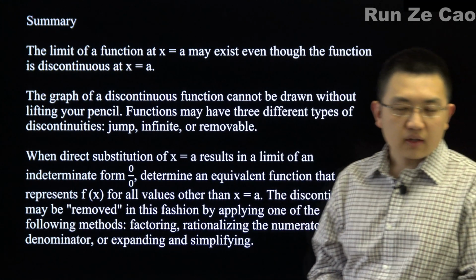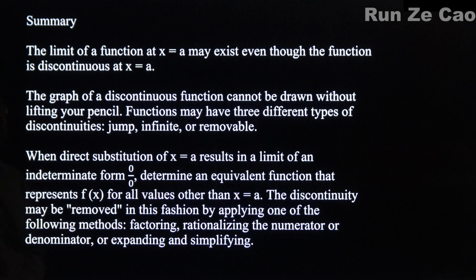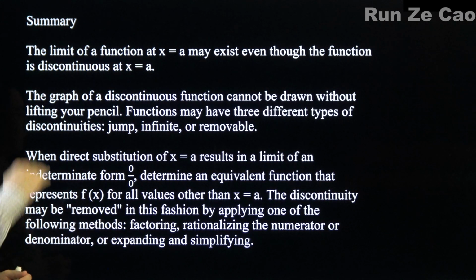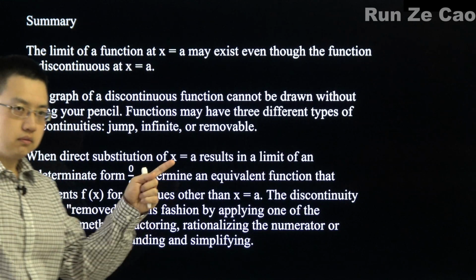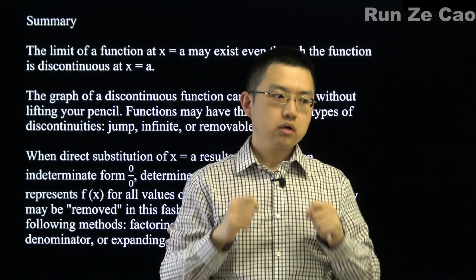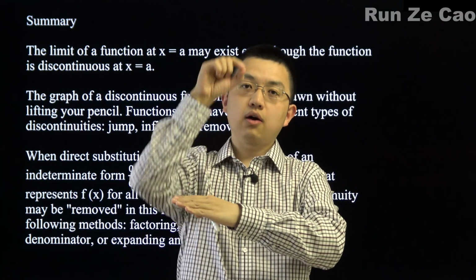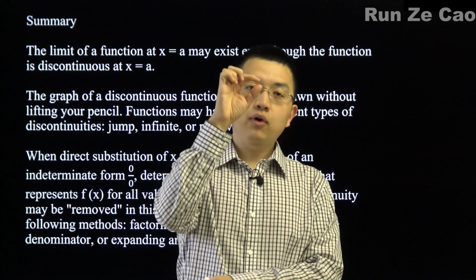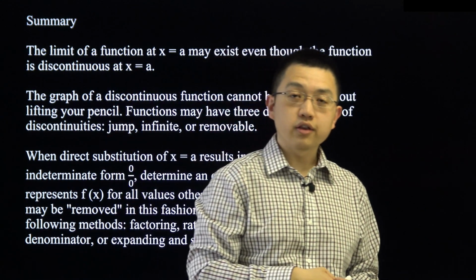The graph of a discontinuous function cannot be drawn without lifting your pencil. Functions may have three different types of discontinuities: jump, infinite, or removable. So just take a line, take out one point. This one point can be put somewhere else, or it can be just not there, so not in the domain.